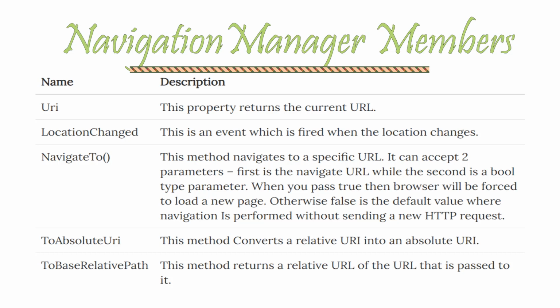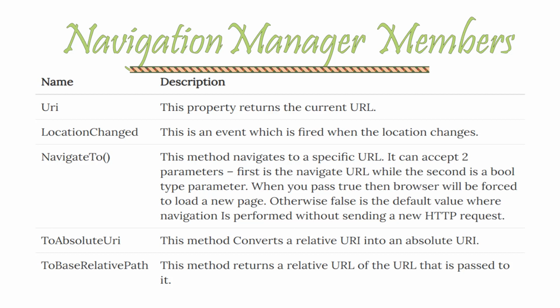Number three is NavigateTo, which we have just seen navigates the user to a URL, and it can have a second parameter also of bool type. When it is true, then the browser will be forced to load a new page, so it will remove the caching. Otherwise false is the default one, and navigation is performed without sending a new HTTP request.